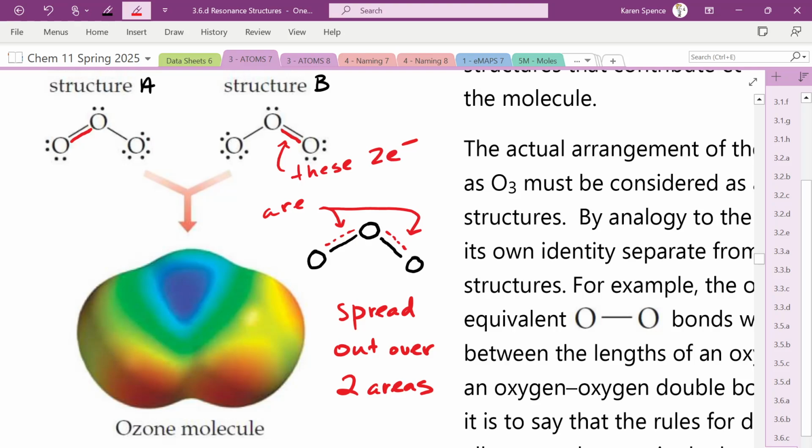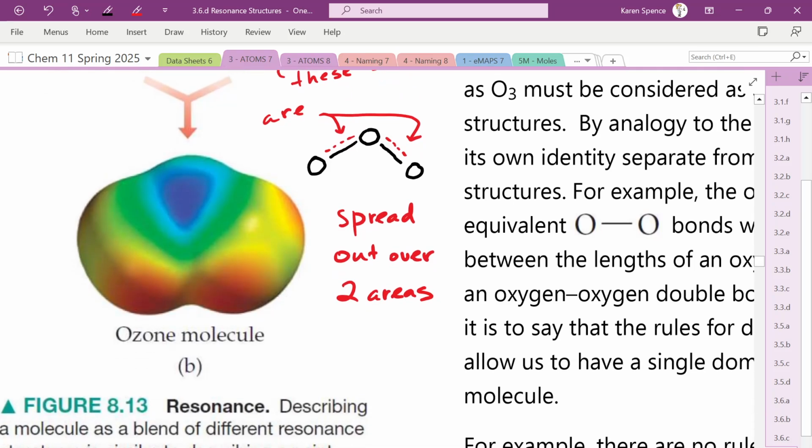So instead of having a single bond and a double bond, what we really have is a 1.5 bond and a 1.5 bond. Okay, so if we redraw this again here, that's a 1.5 bond and a 1.5 bond rather than a single and a double. Okay?